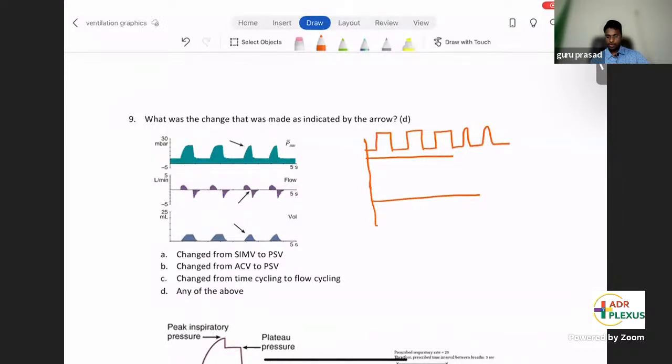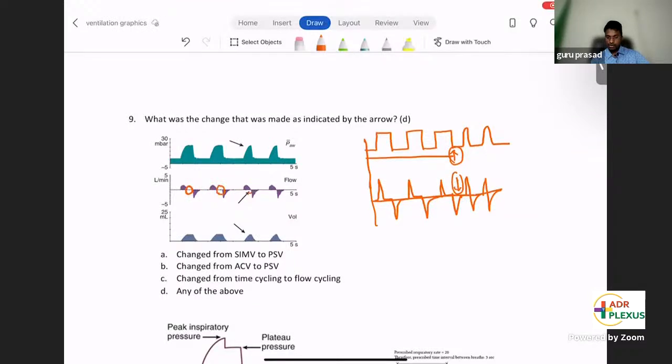At the same time, what happened to flow is, basically at this point, if you see in the flow graph, there is an inspiratory hold.